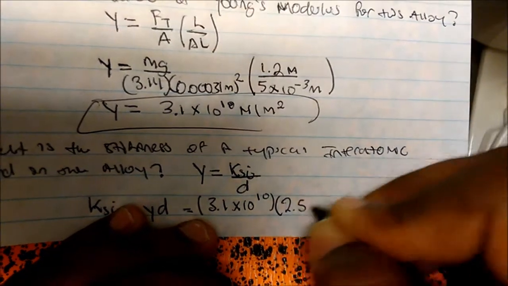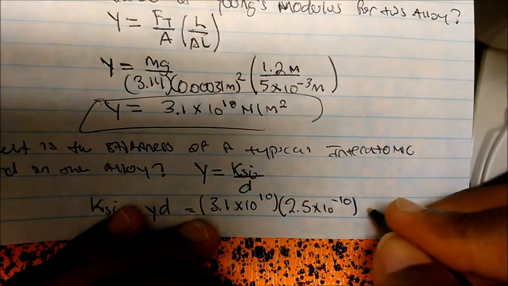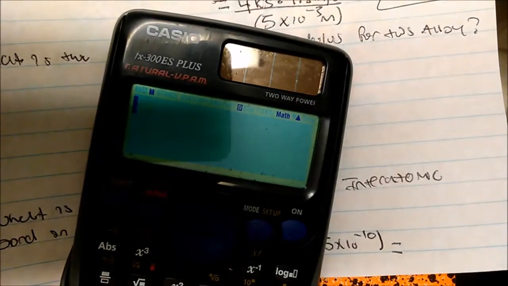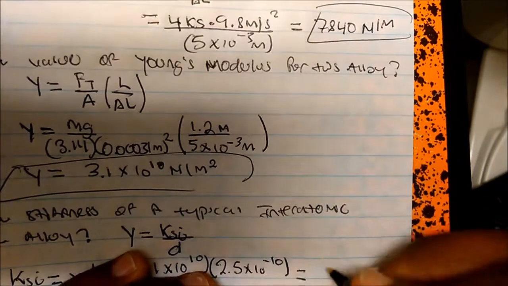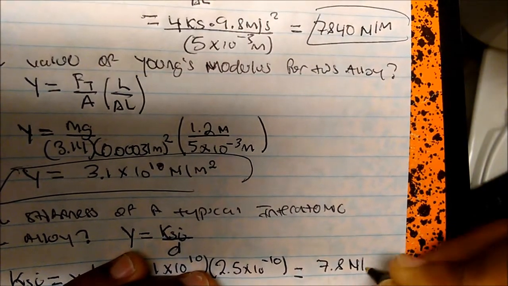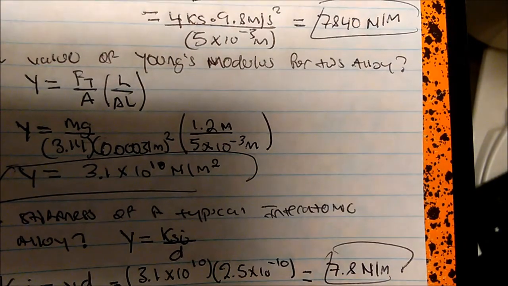I'm not going to worry about plugging in units until the end. If I put this in my calculator and multiply, I get my answer to be 7.8 Newtons per meter. This is a classic Young's modulus problem you'll probably see on your test.